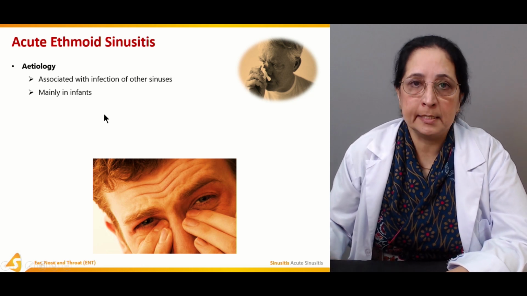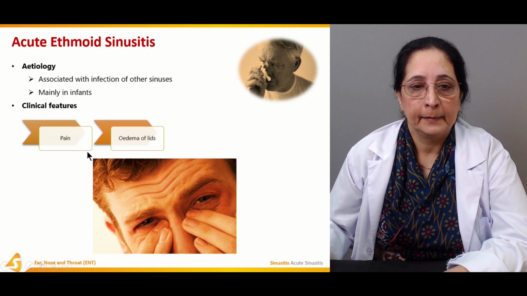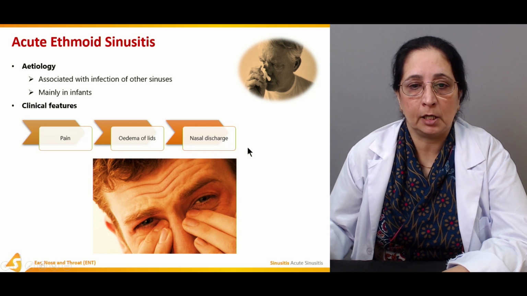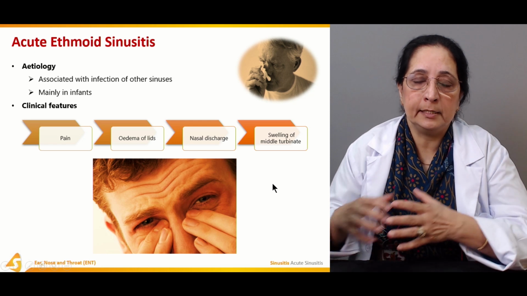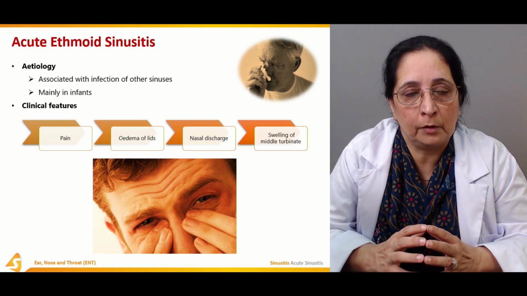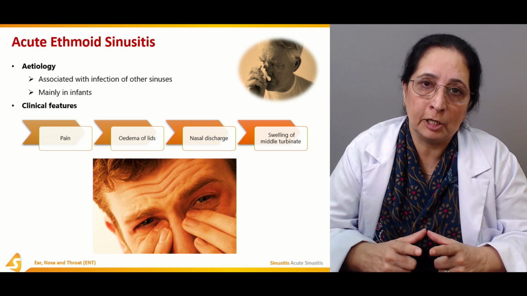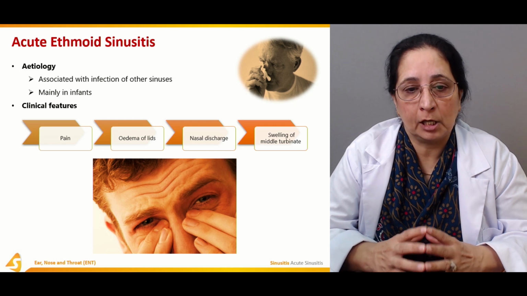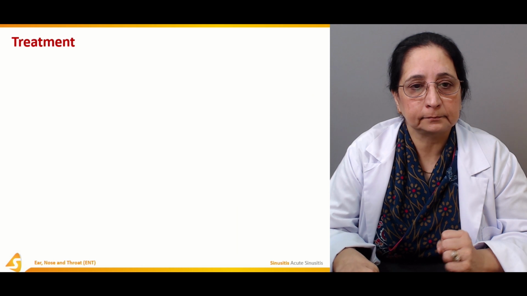It is common mainly in infants. Clinical features are pain, edema of the lids, nasal discharge, and swelling of the middle turbinate. So those are the presenting features of ethmoid sinusitis. It is more common in children, and there is swelling, pain, and discharge associated with it.